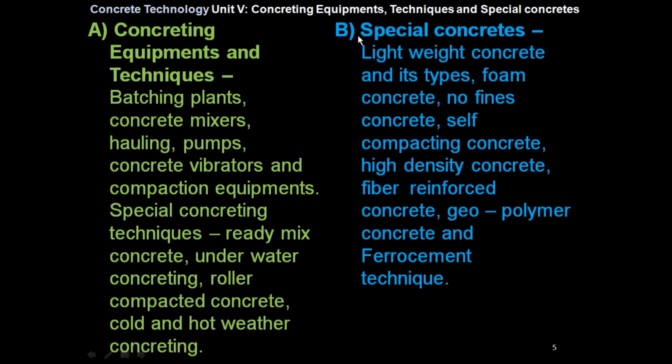It also includes Part B, special concretes, which include lightweight concrete and its type, foam concrete, no fines concrete, self-compacting concrete, high density concrete, fiber reinforced concrete, geopolymer concrete and ferrocement technique.